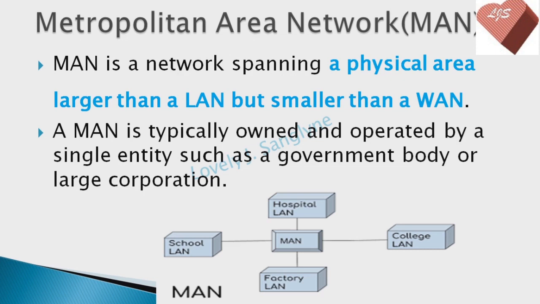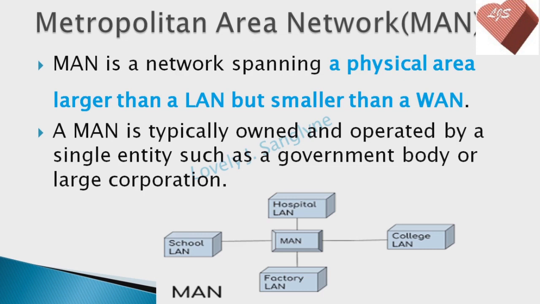To make it simple, you can think of a telephone company whereby different schools, colleges, factories, hospitals or offices are connected by a telephone line from the same company. This is one example of a MAN, which is a network that spans a physical area larger than a LAN, but not wider than a city.